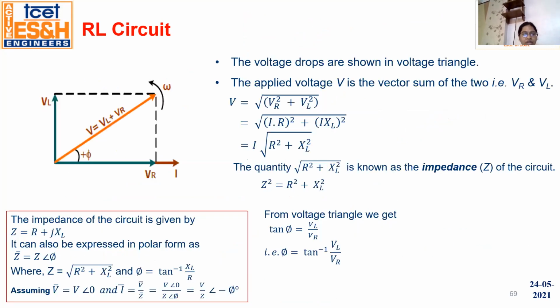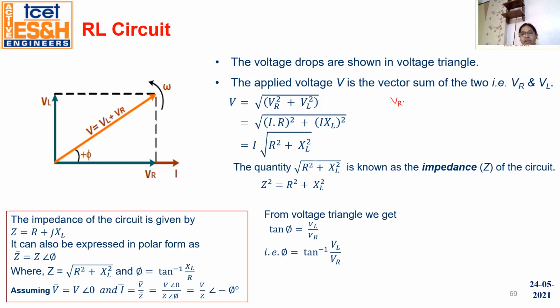Now there are some calculations for the RL circuit. Here you see the total supplied voltage is equal to the vector sum, the square root of VR square plus VL square, which gives the supplied voltage. And omega is the angular velocity at which your vector is rotating.